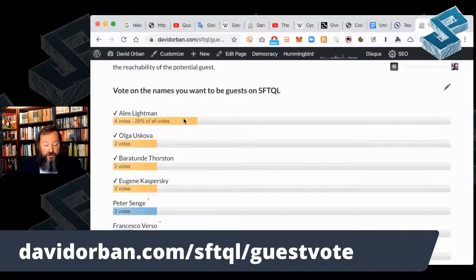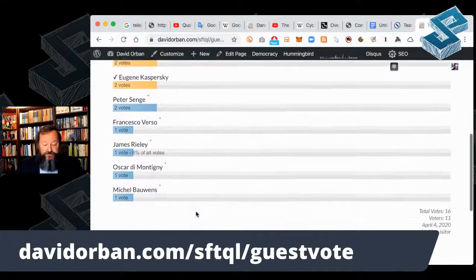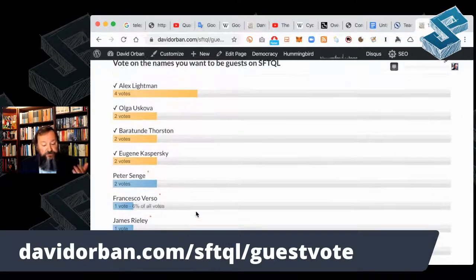Alex is coming on Saturday, and Olga is picking a date. So this is going pretty well. Thank you for both suggesting the names as well as for voting on them. And please feel free to vote for other names to be invited, and for your own interests. You know, don't hesitate to suggest people who you find interesting. I don't know, 8 billion people on the planet.